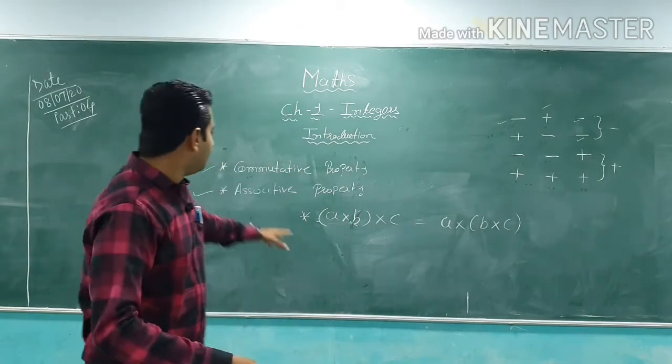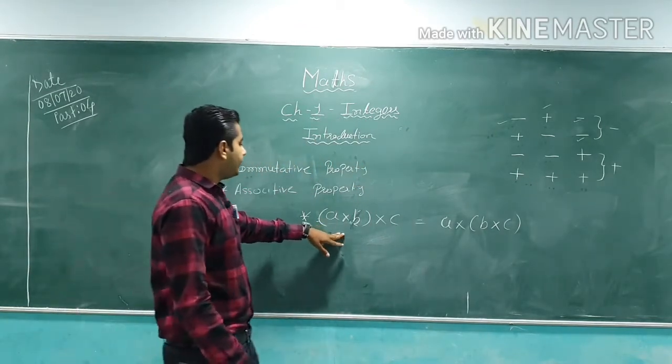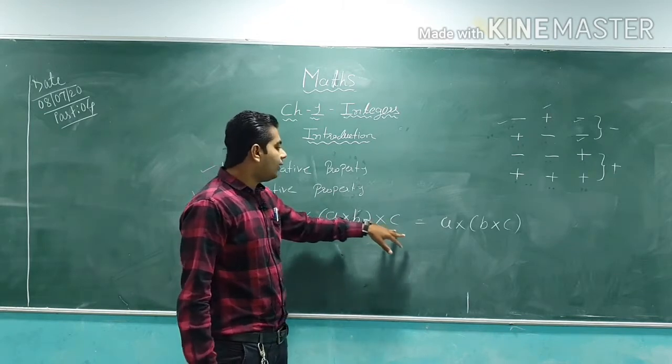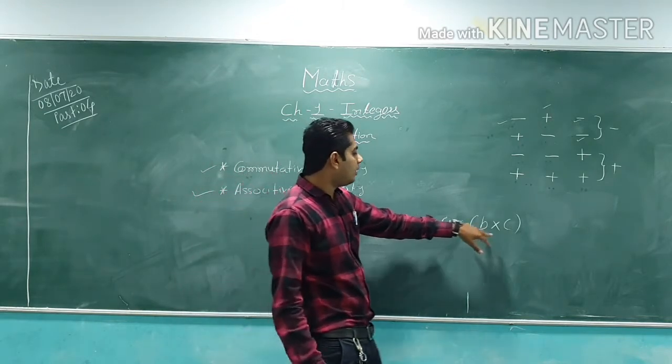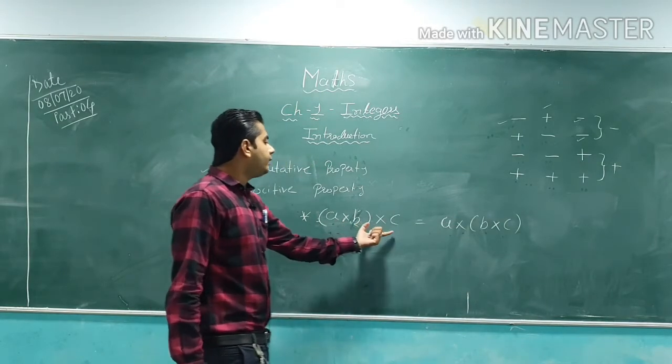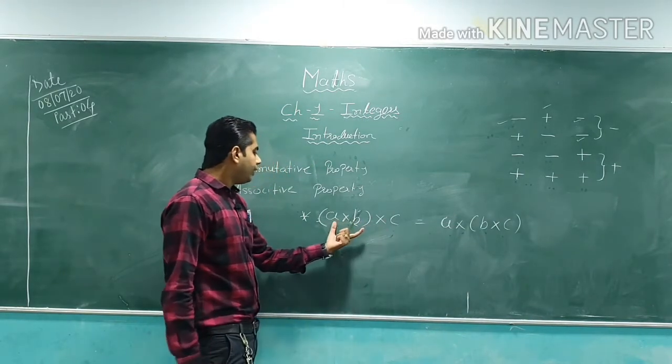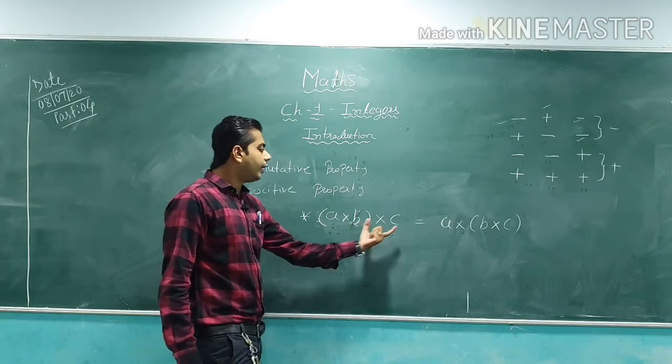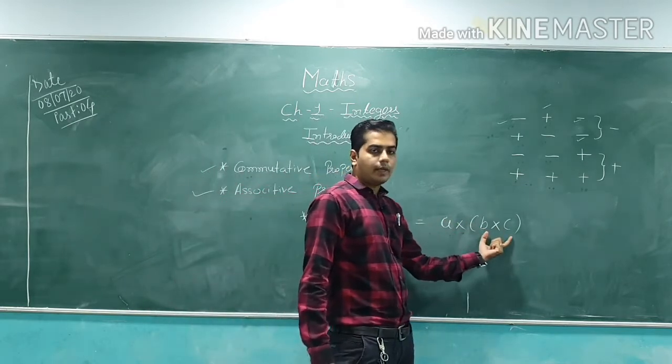Now here what it says is that a multiply b multiply c is equal to a multiply b multiply c. What we did is we just changed the brackets. Here we separate the a and bracket the b multiply c.